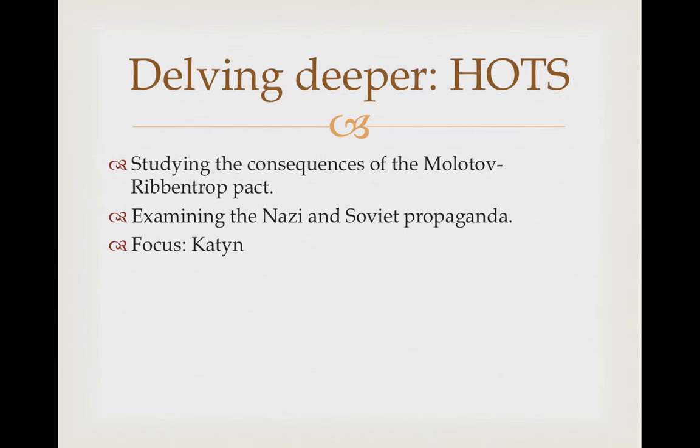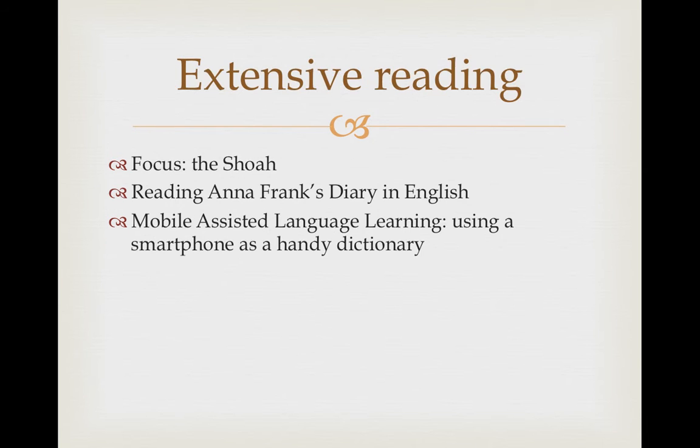A plus about this treaty is the possibility to know from a closer point of view the Katyn massacre, which was firstly attributed to the Nazis and was then found out to be Stalin's responsibility.